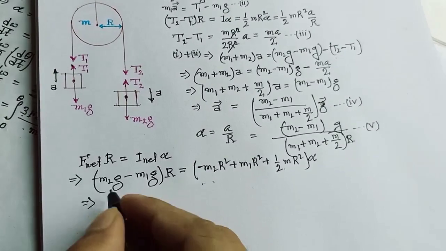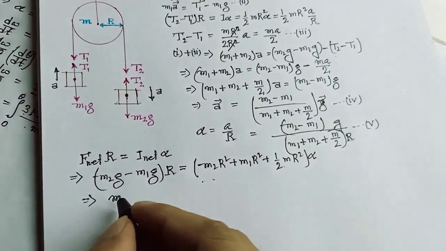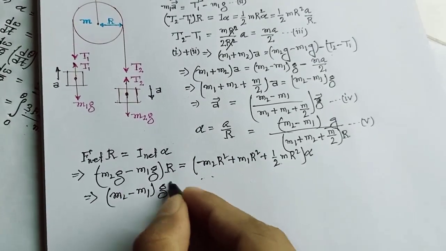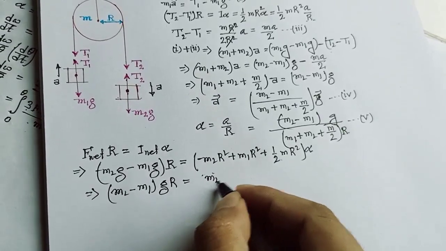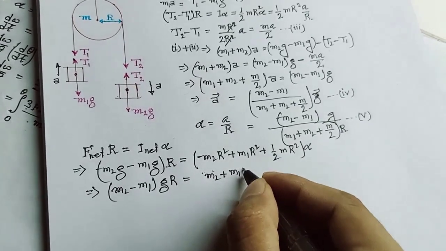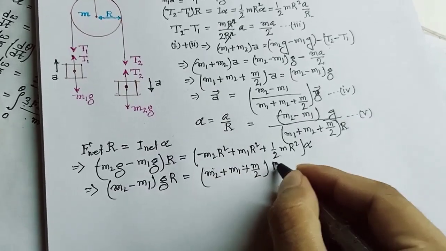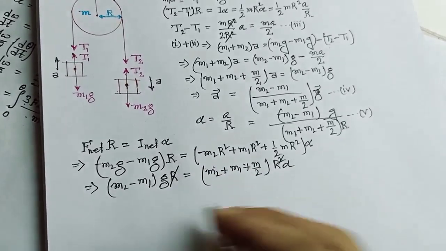Now we can take g as common. After taking the common term, we will get (m2 - m1) g r will be equal to (m2 + m1 + m/2) multiplied by r square into alpha. So we can cancel this r square and this term also.